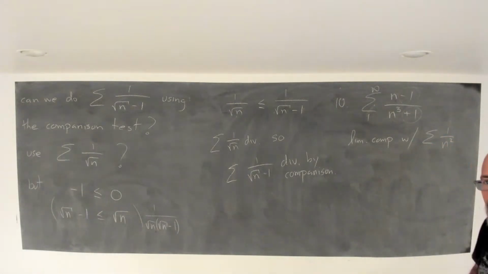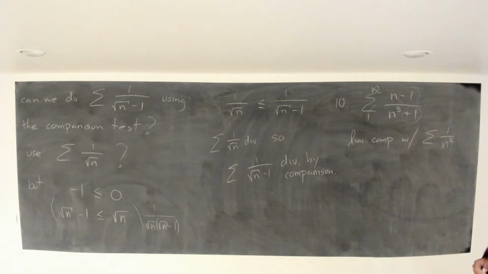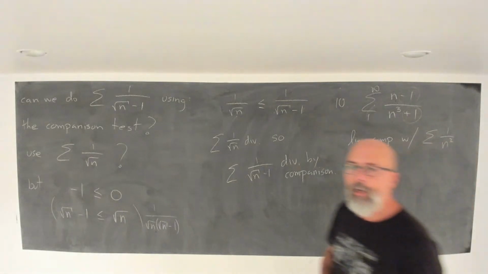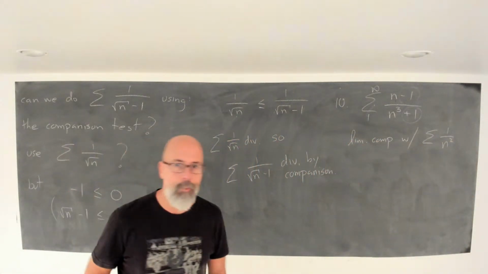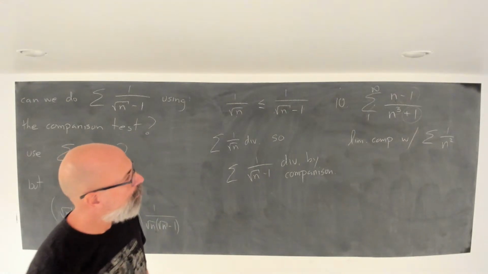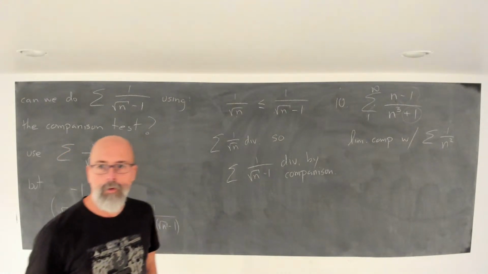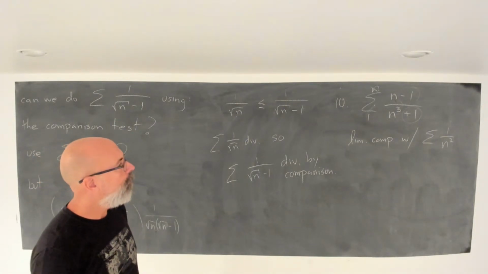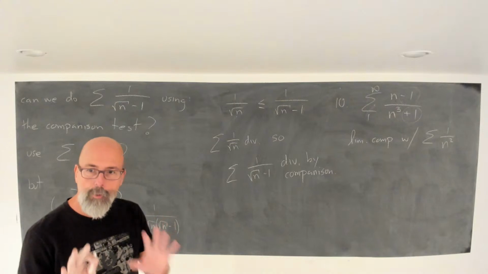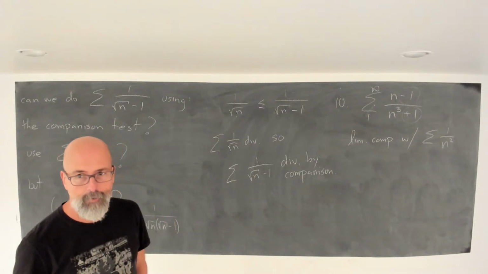And what do you know about the series 1 over n squared? Can't we use the critère du polynôme? I don't know what that is, so the answer is no. We're going to prove that it converges.